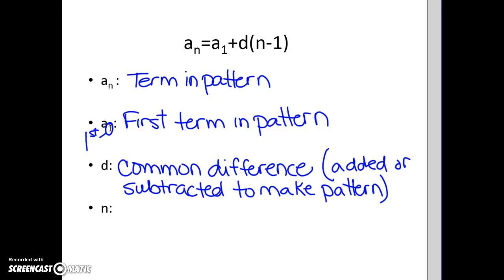And just like with a geometric sequence, n is the term number.